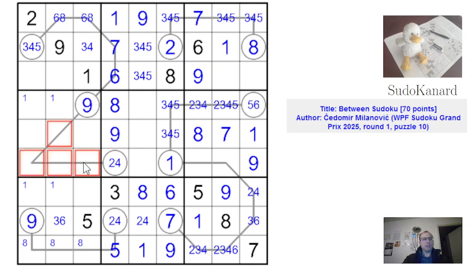Let's set about the values on this line. Maybe something will force a 2 into this cell. I'm just not seeing what.